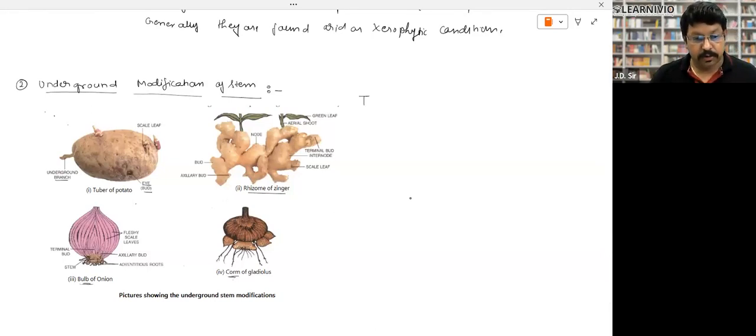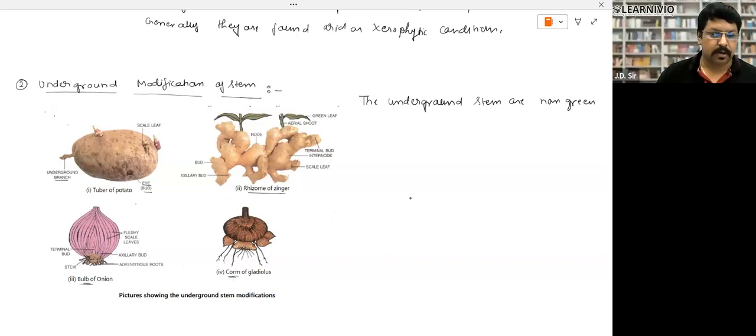The underground stems are non-green and they are found inside soil.